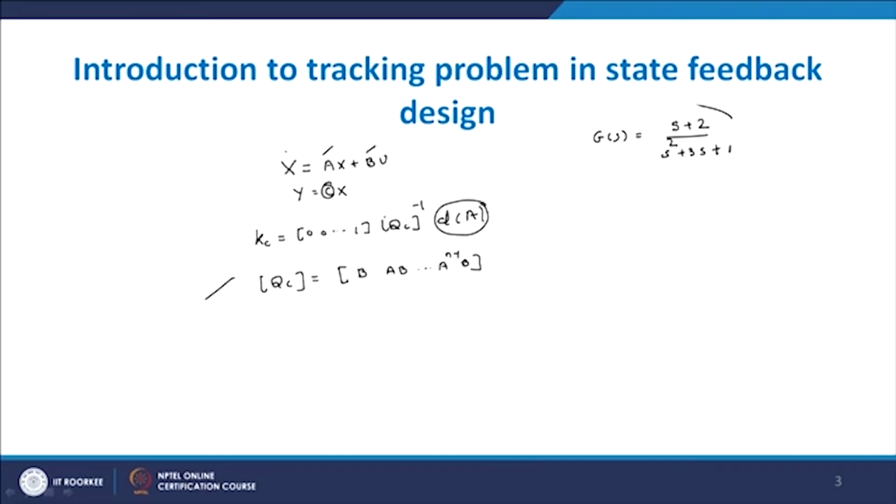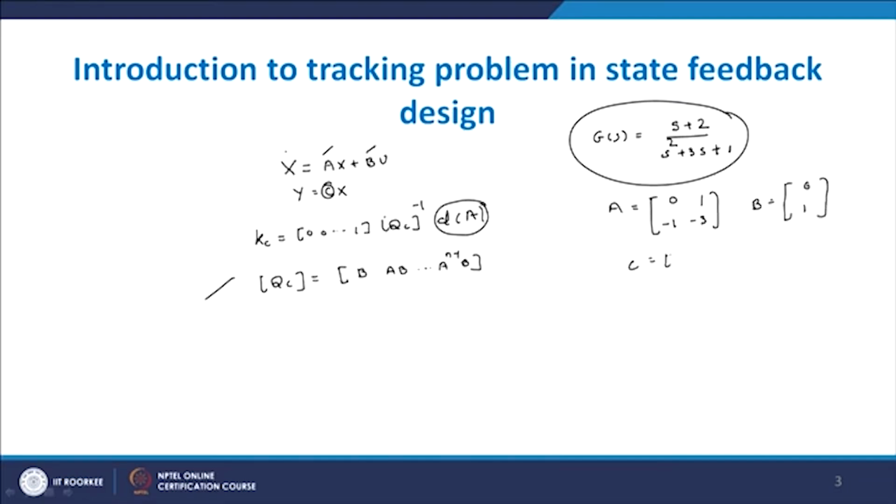Now, the state space model of the system is given as A equal to 0 1, minus 1 minus 3, the B matrix is 0 1, and the C matrix is 2 1.